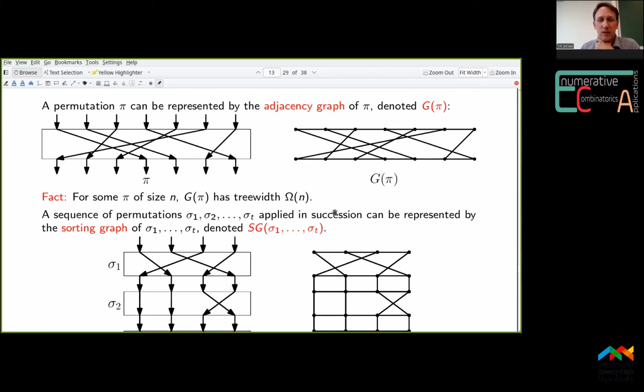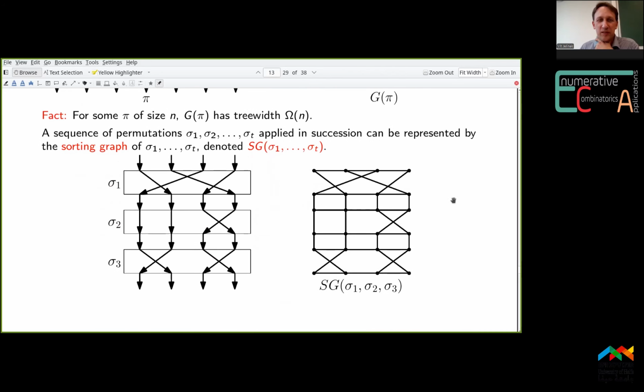And just like I can use a graph to represent a single permutation, I can also use a graph to represent a sequence of permutations, which I imagine as a sequence of steps in some sorting procedure. So suppose I'm doing sorting and I have applied steps sigma 1, sigma 2, up to sigma t, all of which are, well, some permutations. Then the sorting graph of this sequence is what you see here on this picture.